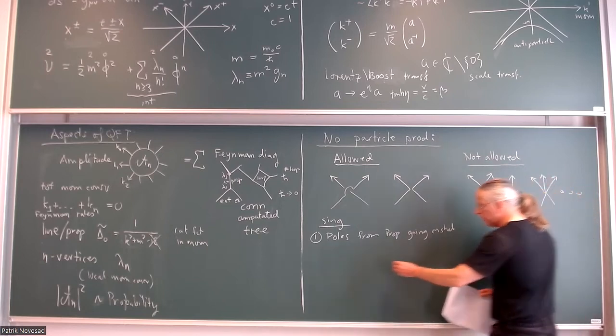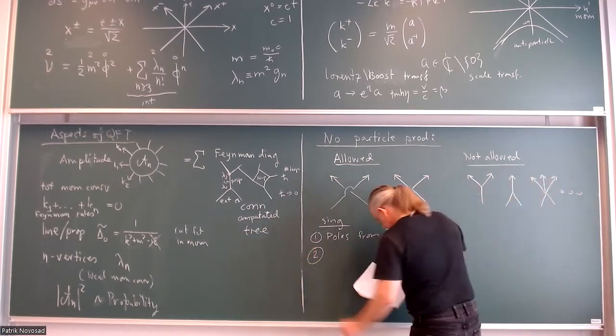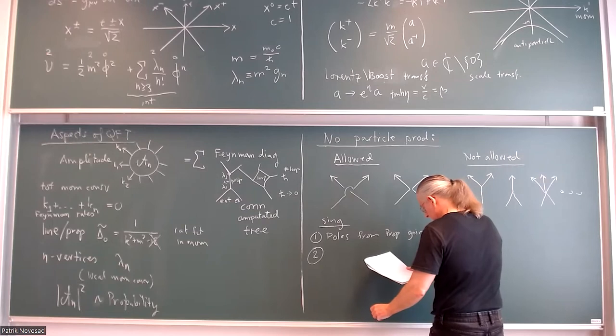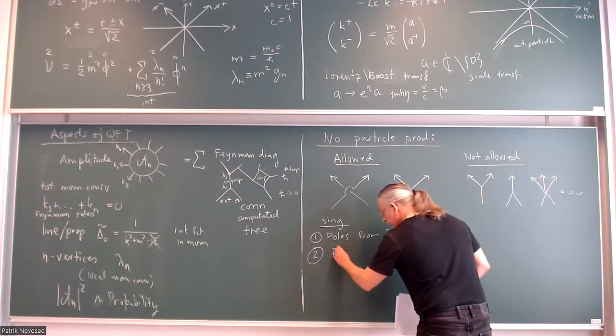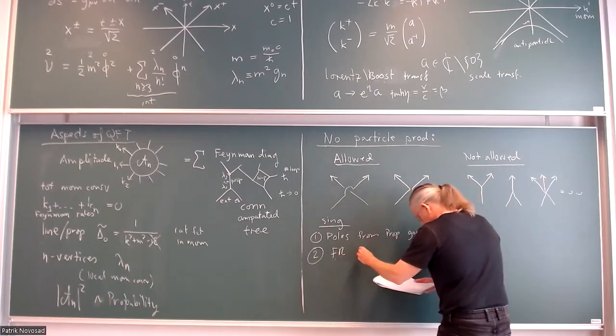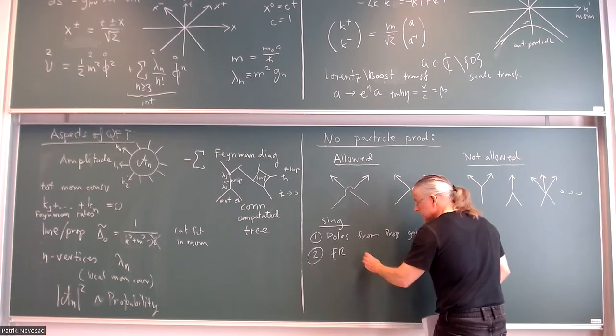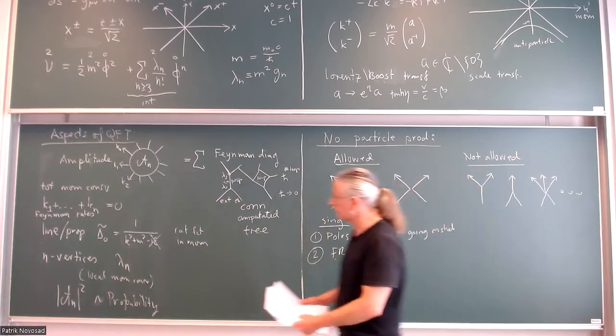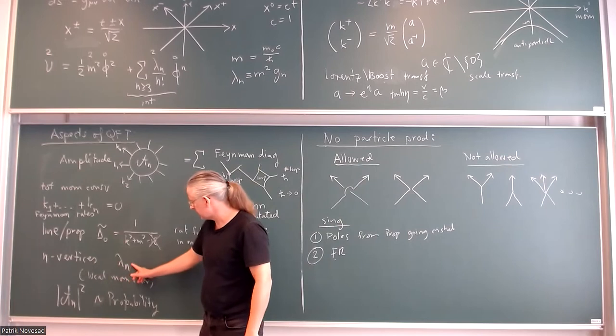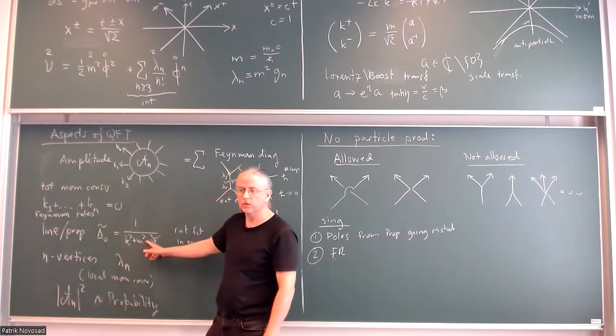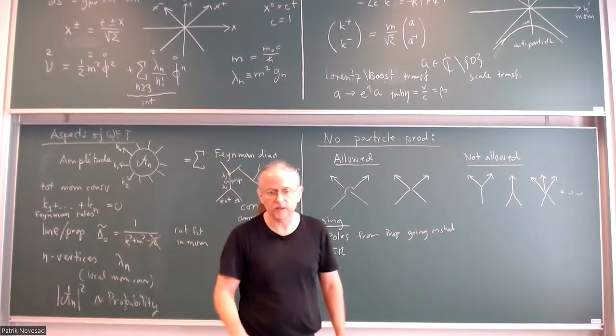The other thing we already know is that the Feynman rules are Lorentz invariant. If you look at the Feynman rules, you see this is clearly Lorentz invariant, this is Lorentz invariant, everything is Lorentz invariant.